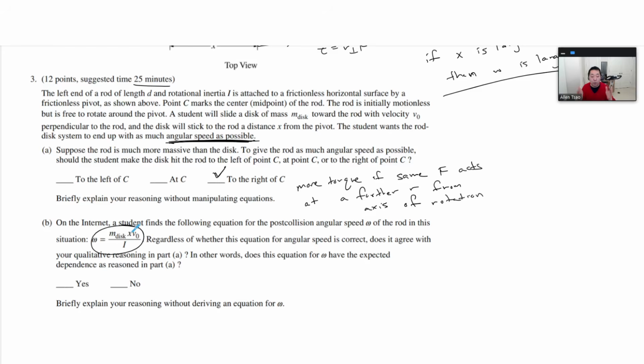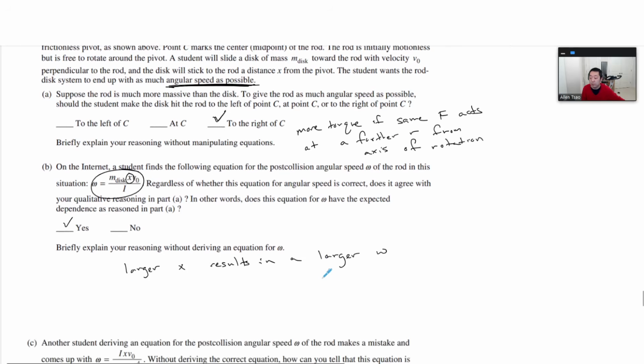That's what you want to focus on when answering a question like this. Here, if x is bigger, omega goes up. So I would say yes, because a larger x results in a larger omega, which is what I said in part A. That's what I was looking for.